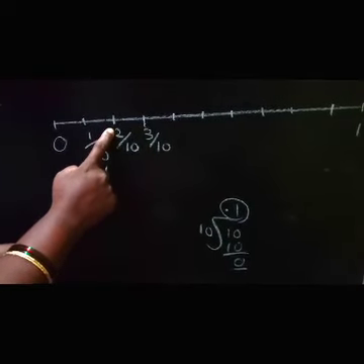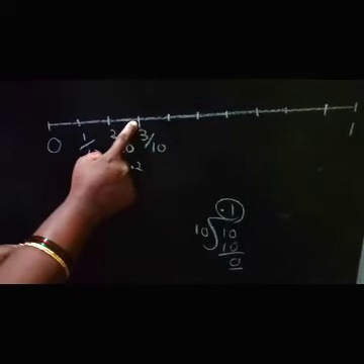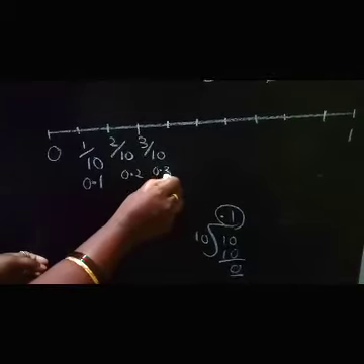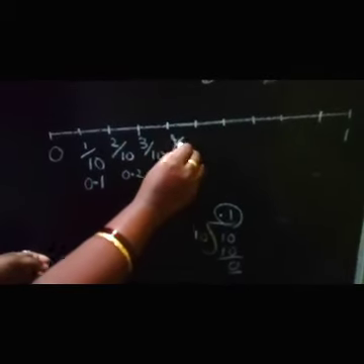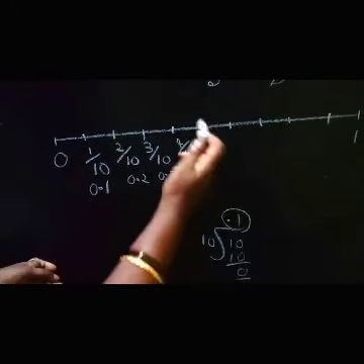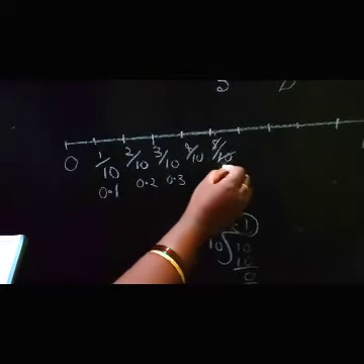This is the second part, 2 by 10. So, this is 0.2. This is the third part of 10. That's why this is 0.3. This is 4 by 10, 5 by 10. Actually, from 1, the correct half is 1 by 2. This is 1 5s are 5, 2 5s are 10.